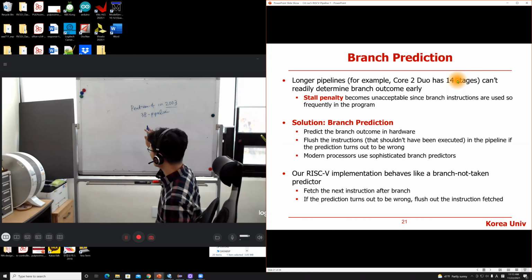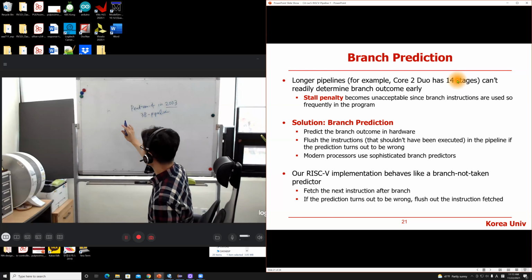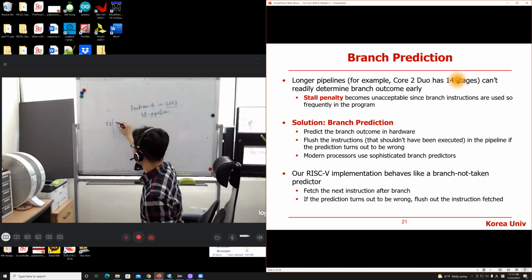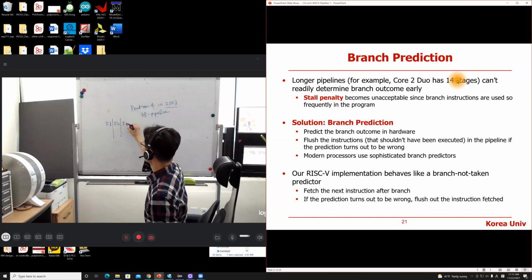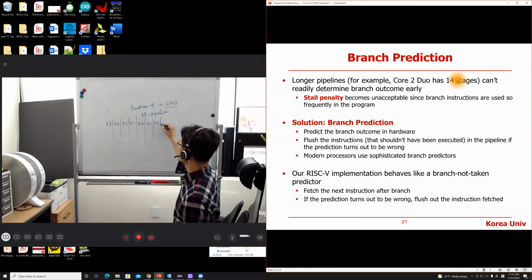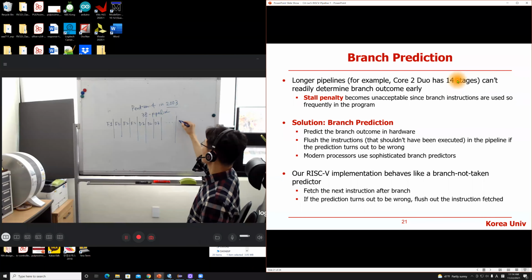So if I draw the execution pipeline, it looks like this. Fetch 1, fetch 2, fetch 3, and decode 1, decode 2, decode 3, and execution 1, like this. 38 pipeline stages.